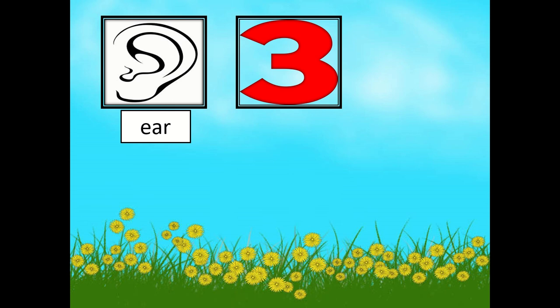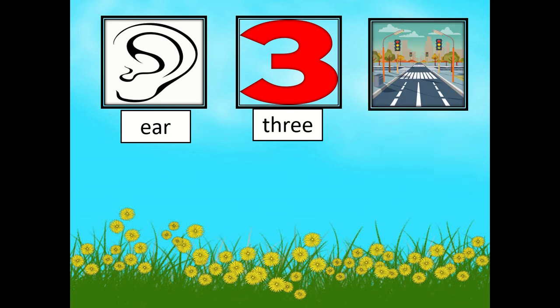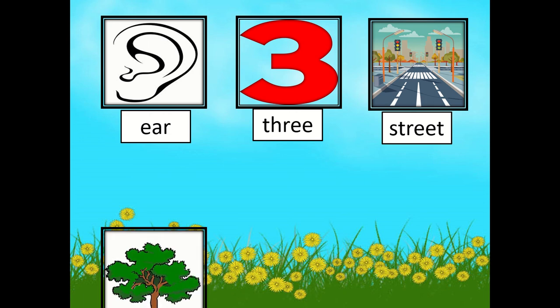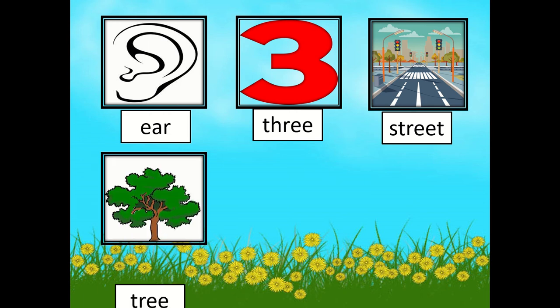Next, we have the number 3. The word three has the long sound E. We also have street, street. So the word street has the long E sound. Next we have tree, tree.